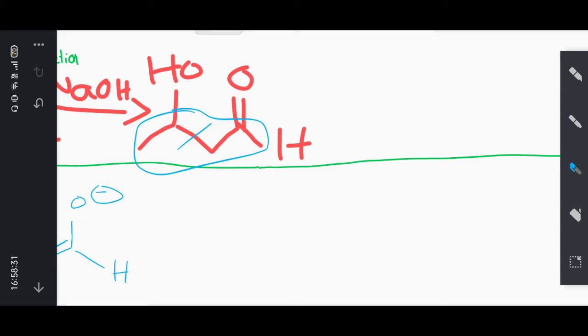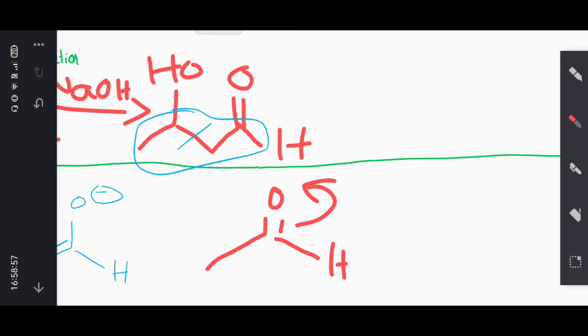Now we will start with another molecule of the same type, and that will be your aldehyde, because you know there are numerous aldehyde molecules present in the reaction. So we will take another one of those. Now I will do the same as I did in the previous reaction.